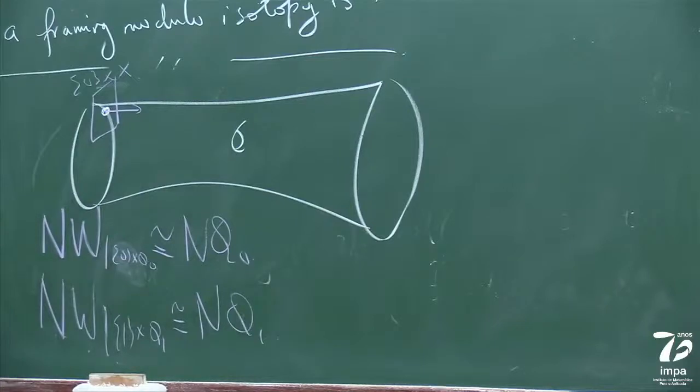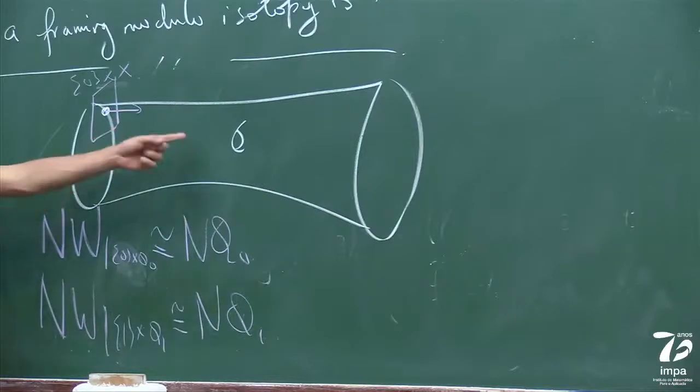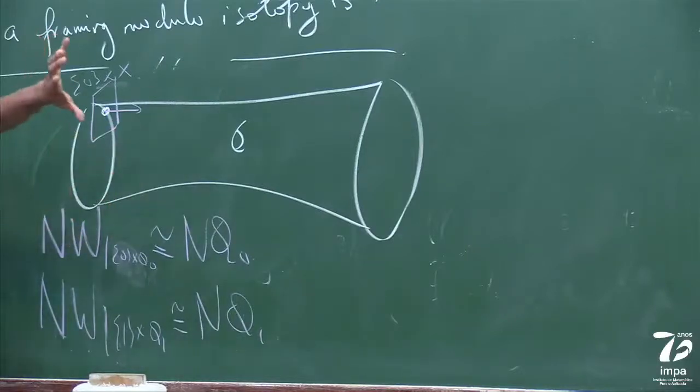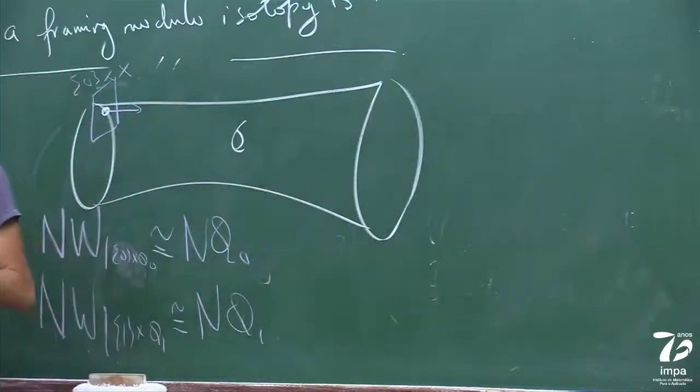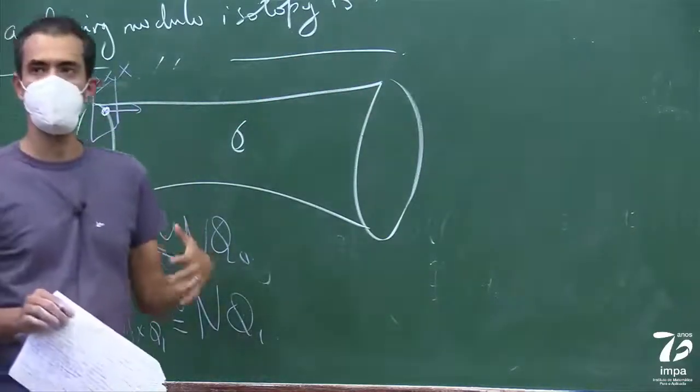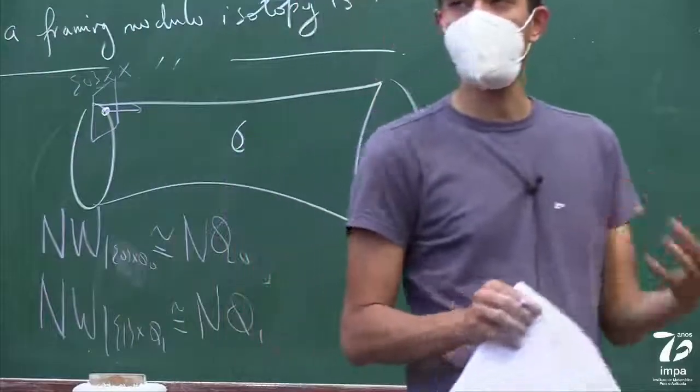Okay, so that means it makes sense to ask whether there's a cobordism that has a framing that coincides with given framings on this guy and on that guy. And if that's the case, then we say that the cobordism is framed. So it's a framed cobordism.